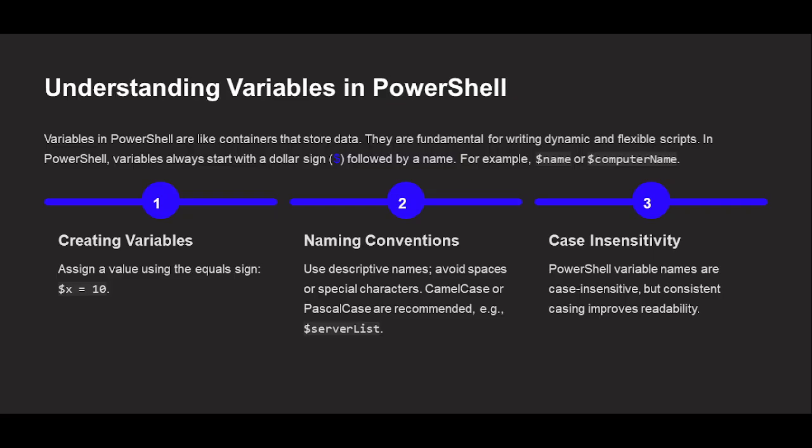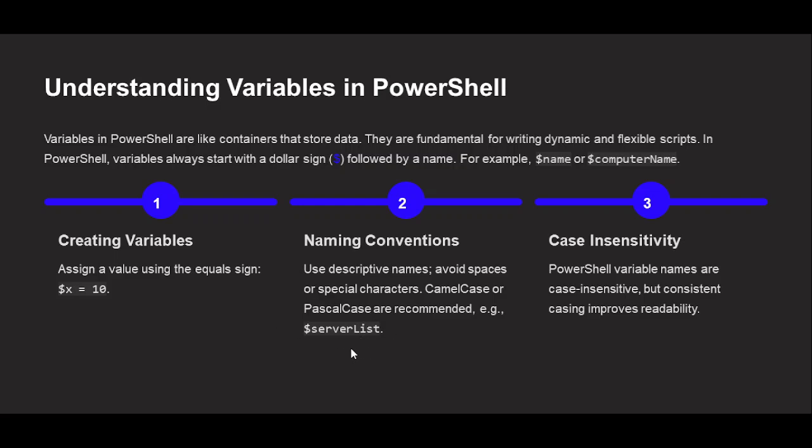There are some naming conventions for defining a variable. Always use descriptive names, avoid spaces and special characters in the variable, and camel case or Pascal case are recommended. For example, serverList is a meaningful variable.